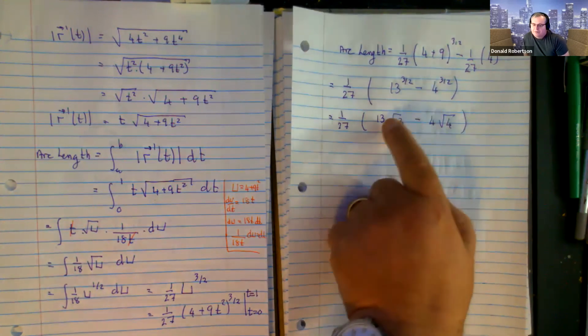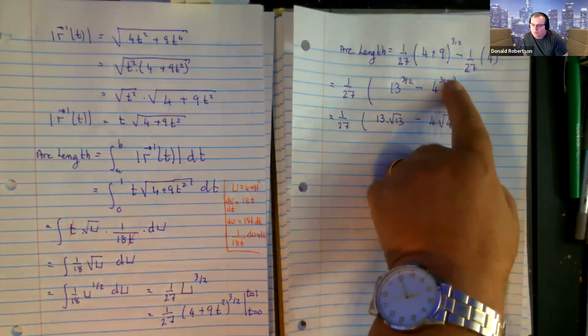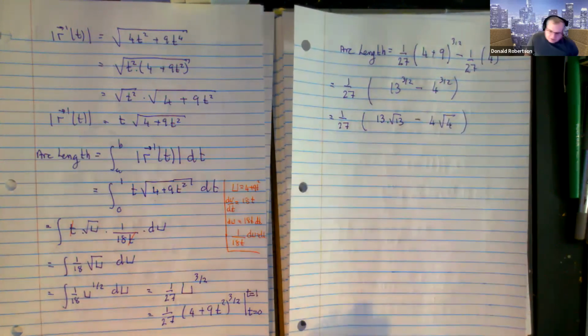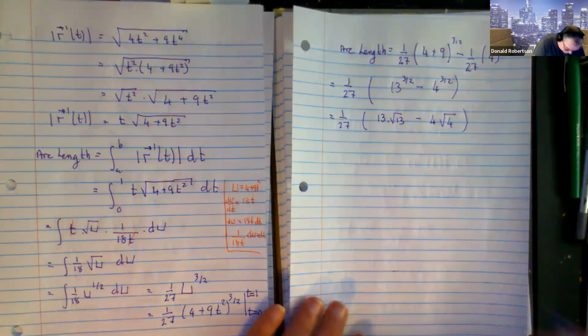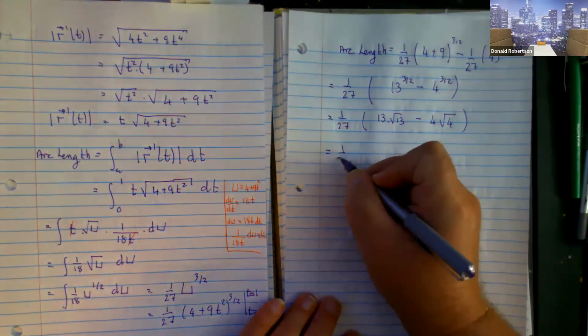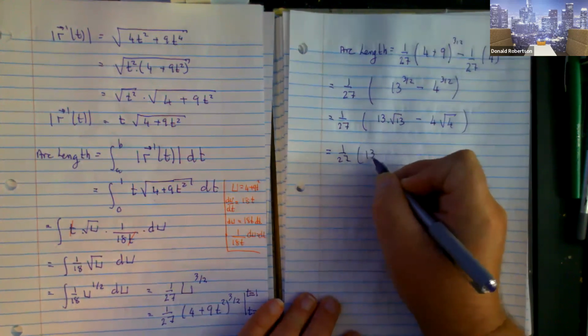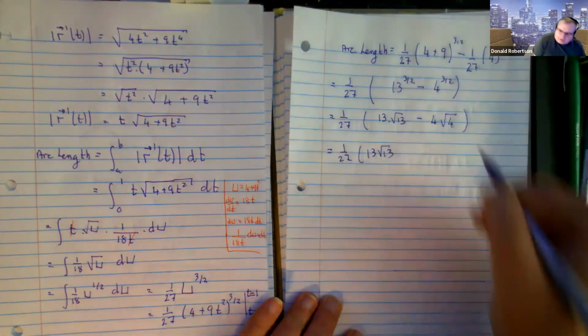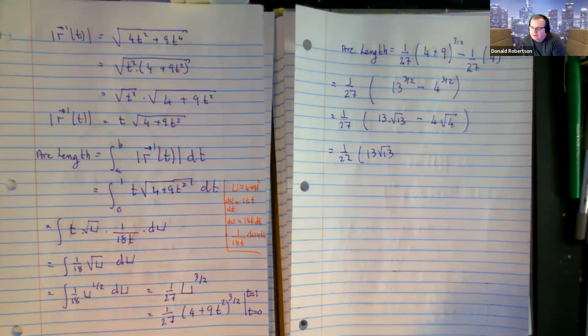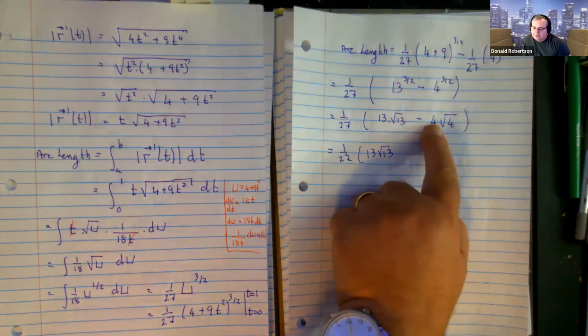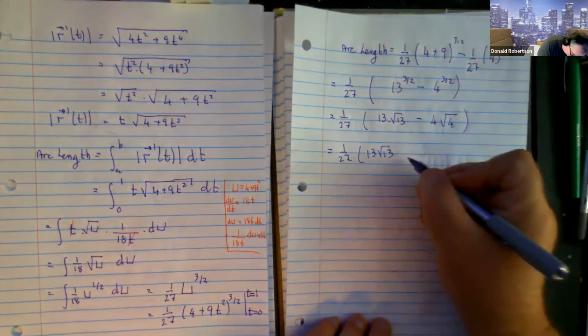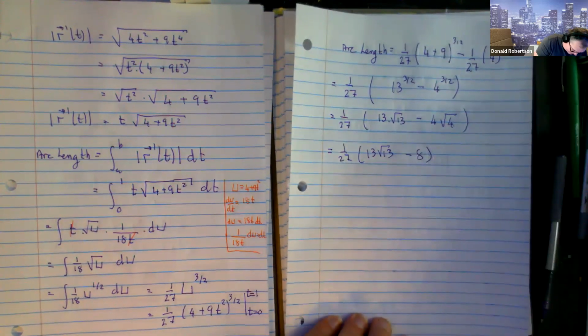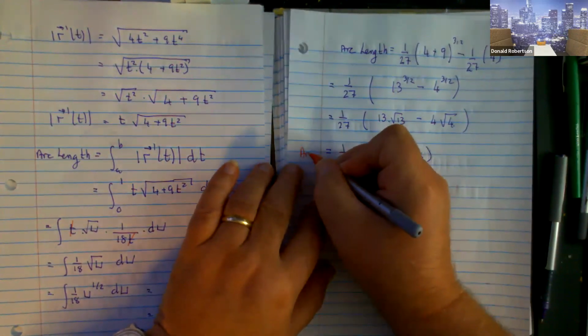So far, so good. Do you notice that the square root of 4 is actually 2? And so the last piece could be simplified as 4 times 2, which is 8. And that guy is your arc length.